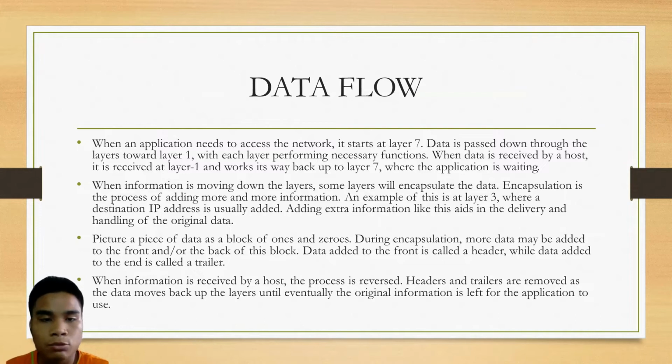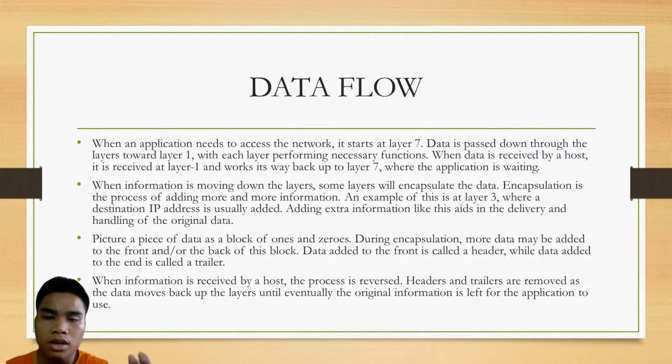When information is moving down the layers, some layers will encapsulate the data. Encapsulation is the process of adding more and more information. An example of this is at layer 3, where a destination IP address is usually added. Adding extra information like this aids in the delivery and handling of the original data. Picture a piece of data as a block of ones and zeros.